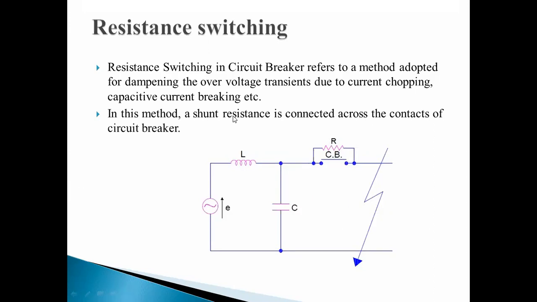Resistance switching in circuit breakers refers to a method adopted for dampening the overvoltage transients due to current chopping and capacitive current breaking. We have seen what is happening when there is current chopping or capacitive current breaking: the transients are produced.